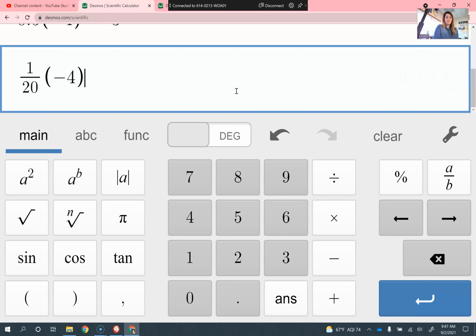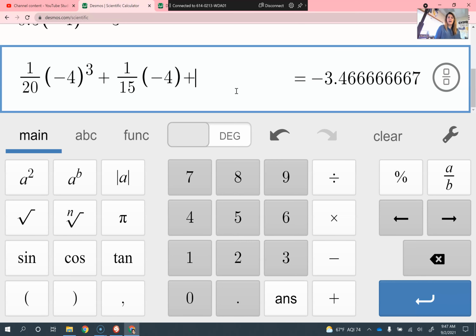Shift 6, 3. Then plus, so shift equal sign. 1/15. You're going to want to arrow out of that. Parenthesis, -4. And then the last thing you'll do is add on that 1.